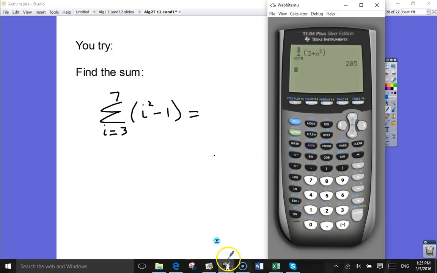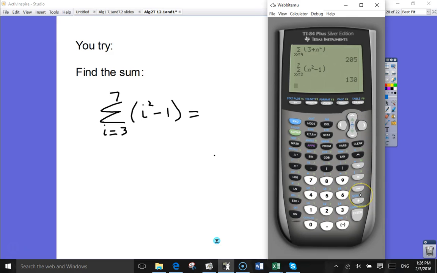So let me do it. Alpha, window, 2. And I'm going to go n equals 3, to 7. And I'll put in n squared minus 1.